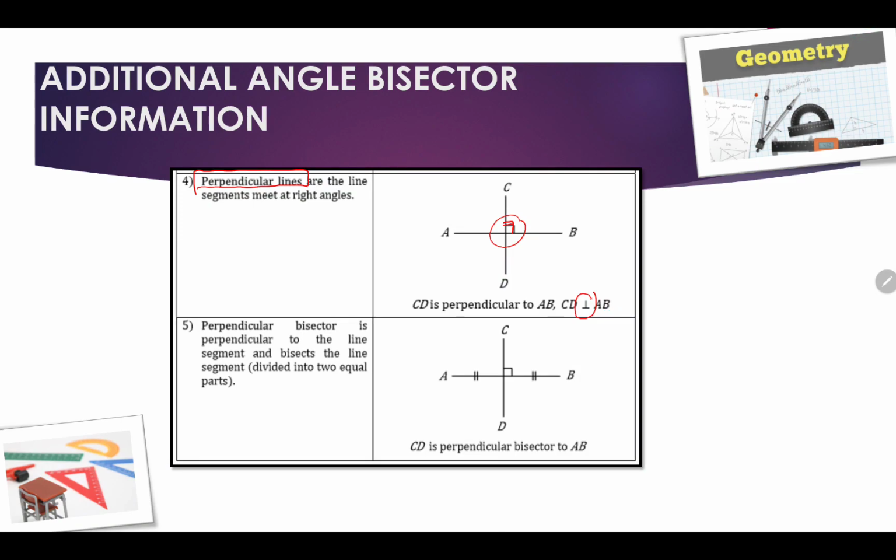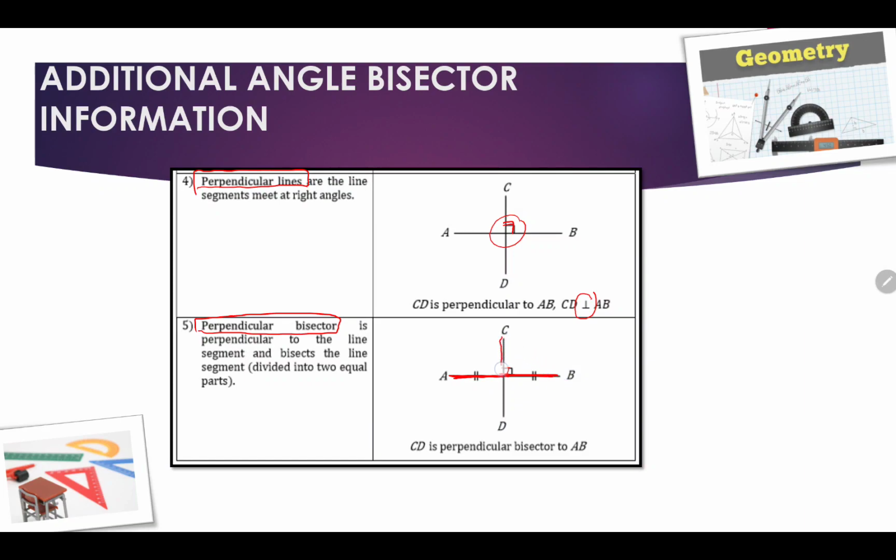Number 5 is the perpendicular bisector. A perpendicular bisector is perpendicular to the line segment and bisects the line segment. So perpendicular dengan perpendicular bisector lain. Kalau perpendicular bisector, dia perpendicular 90 degrees here, tapi dekat sini bisect. Bisect maksudnya the measurement of the line here is the same dekat sini.